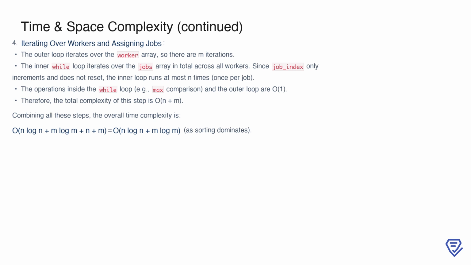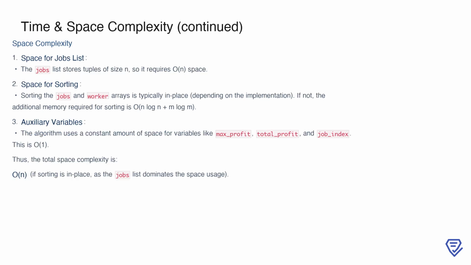When we sum up all the steps, the overall time complexity becomes O(n log n + m log m + n + m). Since the sorting steps, O(n log n + m log m), dominate the other terms, we conclude that the solution's time complexity is O(n log n + m log m). In terms of space complexity, the jobs list, which stores tuples for all n jobs, requires O(n) space.